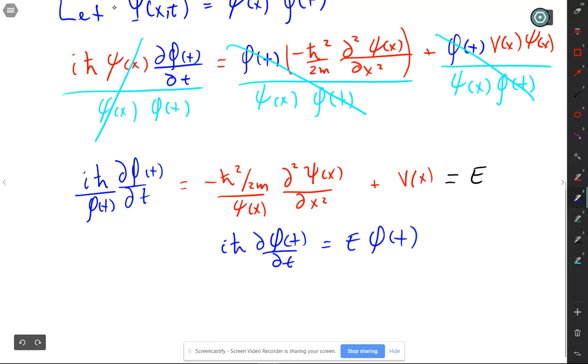So there's one equation, that's the time variation, solutions of the Schrodinger equation, which doesn't depend on the potential. That's the same for every problem you ever do. Since it's the same for every problem you ever do, we're going to solve it once and then understand that every solution we get for the position part is going to be multiplied by that.